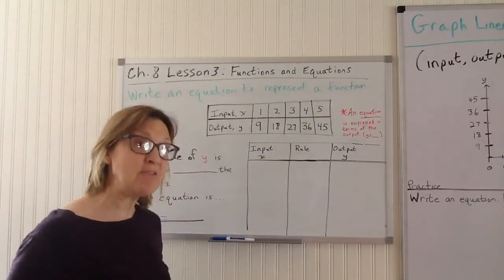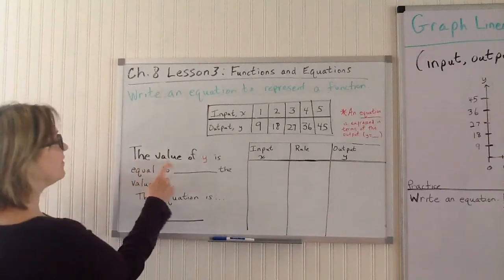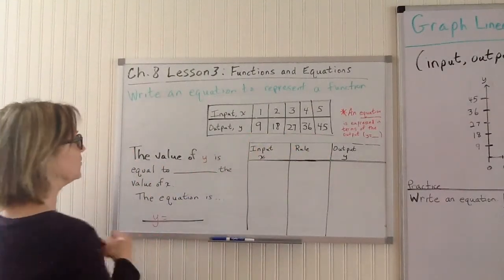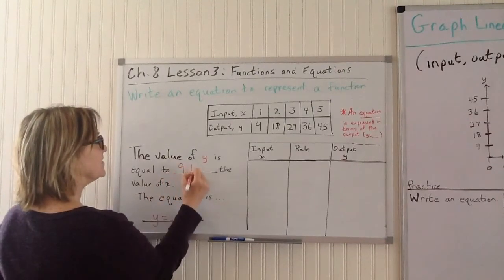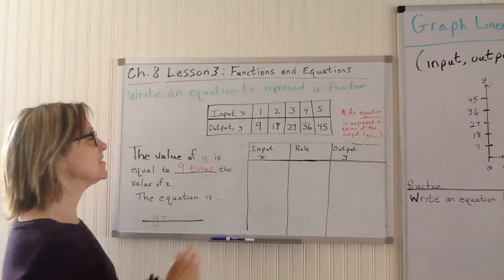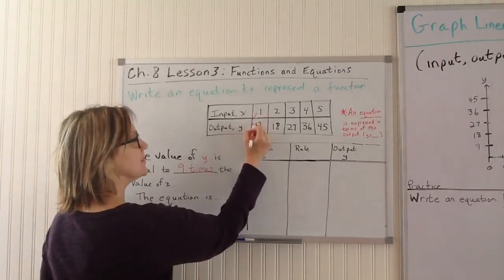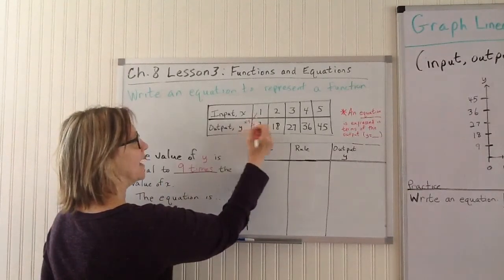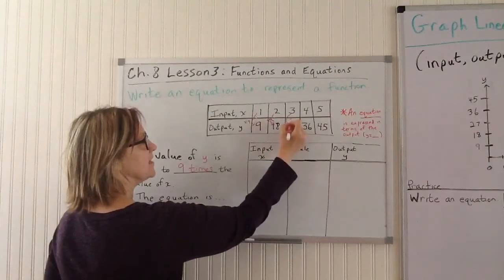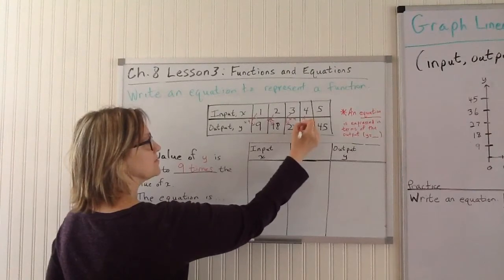So I just found my rule. The value of y is equal to 9 times the value of x. So again, from 1 to 9, I had to multiply by 9, and that works for every one of these in this series of numbers.